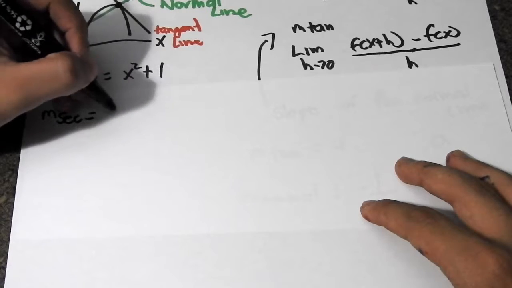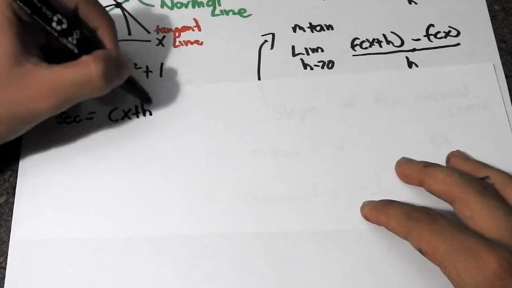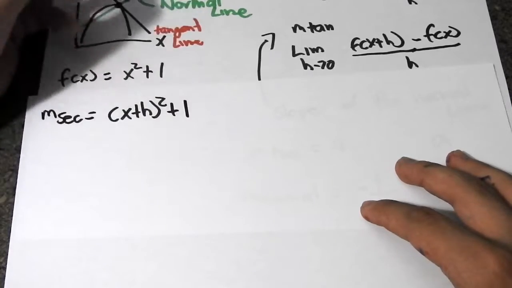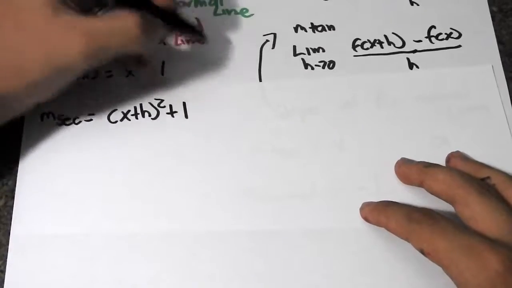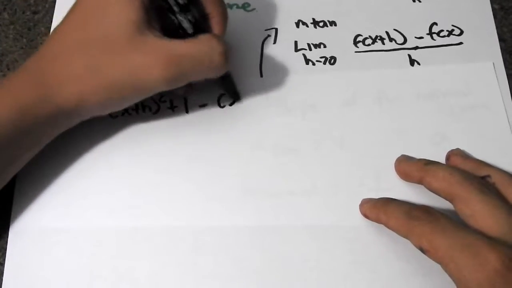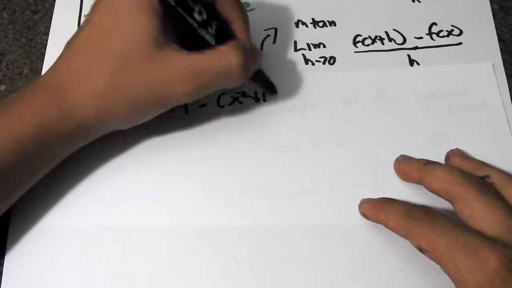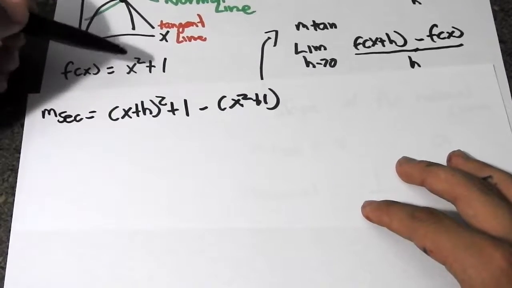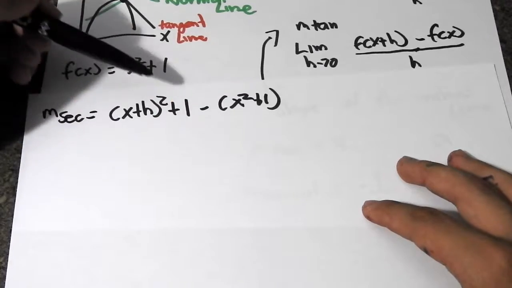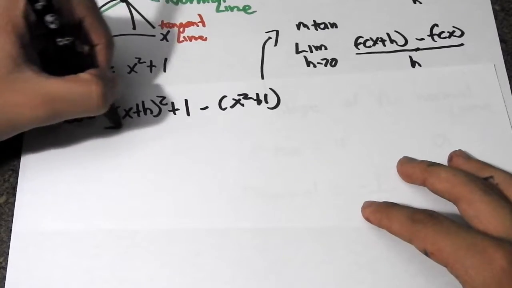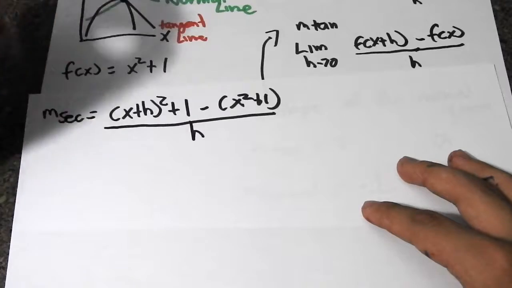Slope secant. Now I'm going to replace this x plus h wherever I see an x. For example here, we're gonna have x plus h squared plus 1. And since we have over here minus f of x, which is the function, minus x squared plus 1, we have the function evaluated at x plus h minus the original function, over h.